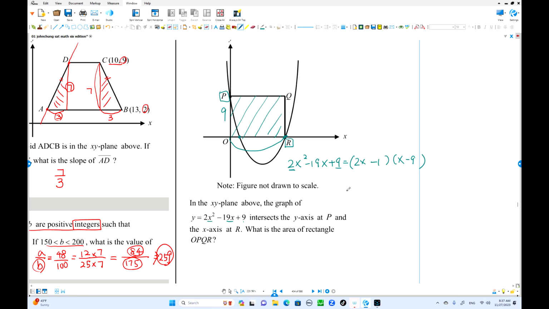So negative x, negative 18x, total is negative 19x, plus 9 is equal to 0. So we have 2 x-intercepts, x equals 1/2 and x equals 9. We don't need this 1/2. We need this 9, okay? The length is 9, the height is 9, actually that is a square, right? Equal 81 is the answer. 9 times 9 is 81, okay?